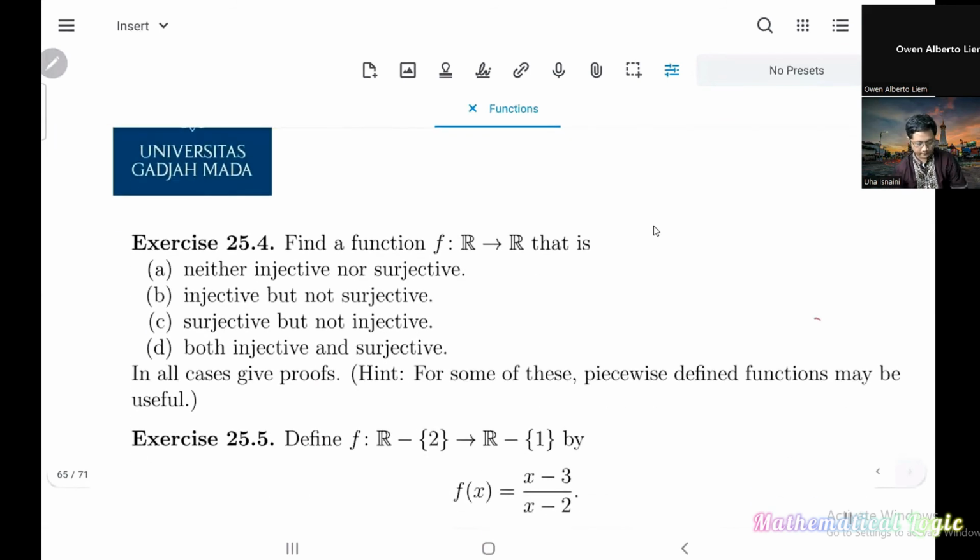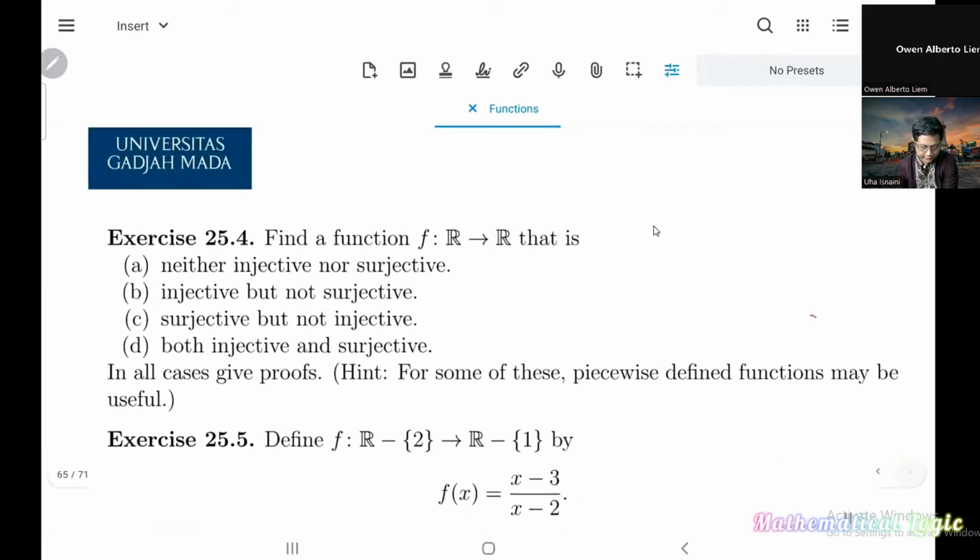25.4. We will find a function from R to R that is neither injective nor surjective. I think we already mentioned this before, right? When we have f(x) defined as x squared plus x plus 2, this one is not surjective, right?